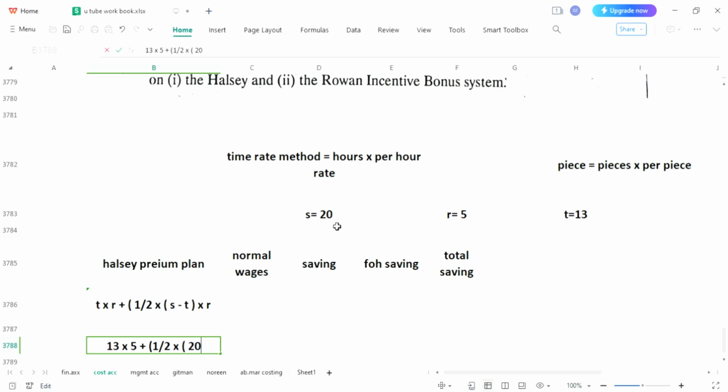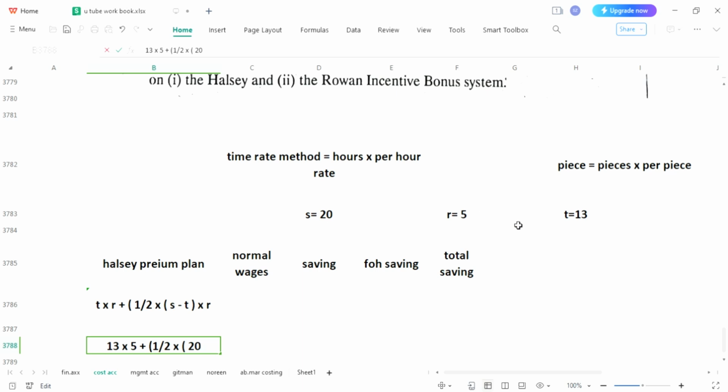Look how easy it becomes when you write your inputs again before starting the solution. Otherwise you keep going back to the question, then coming back to the solution, then again for R you go back to the question. Instead of that, just write down your inputs before starting your solution.